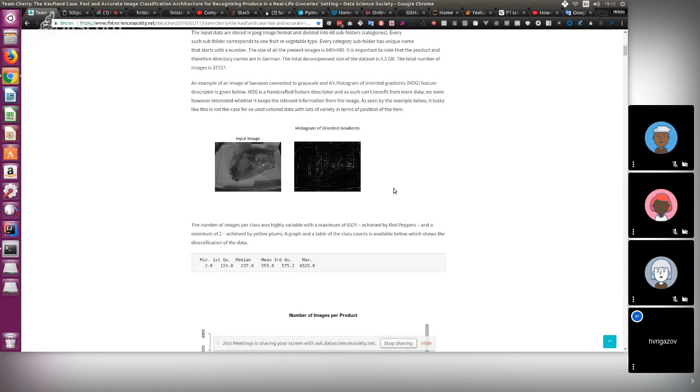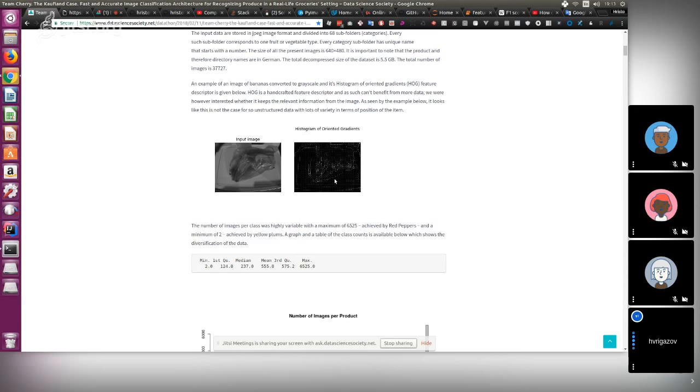It works by taking an image and dividing it into boxes and computing the dominating gradient in every direction.